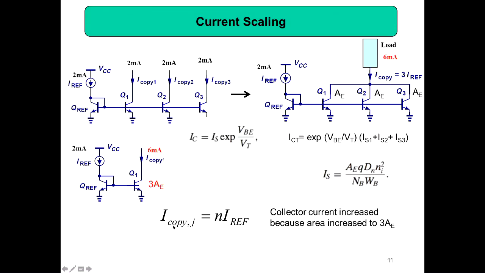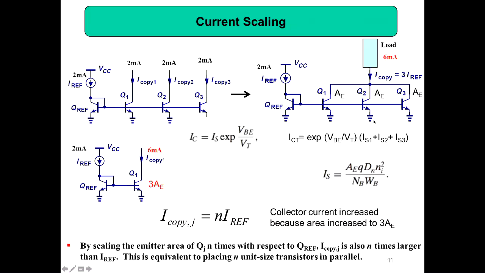So I copy is equal to N times I reference. You can scale up if you connect transistors in parallel. By scaling the emitter area of Qj N times with respect to Q reference, I copy J is also N times larger than I reference. We write this J because we may be connecting so many. This is equivalent to placing N unit size transistors in parallel.